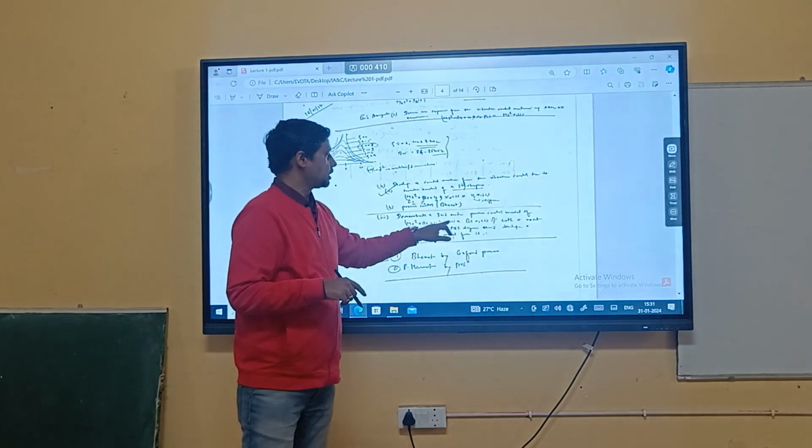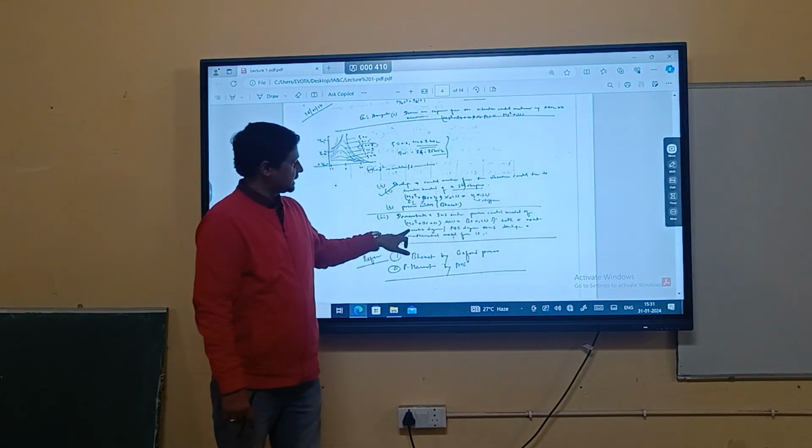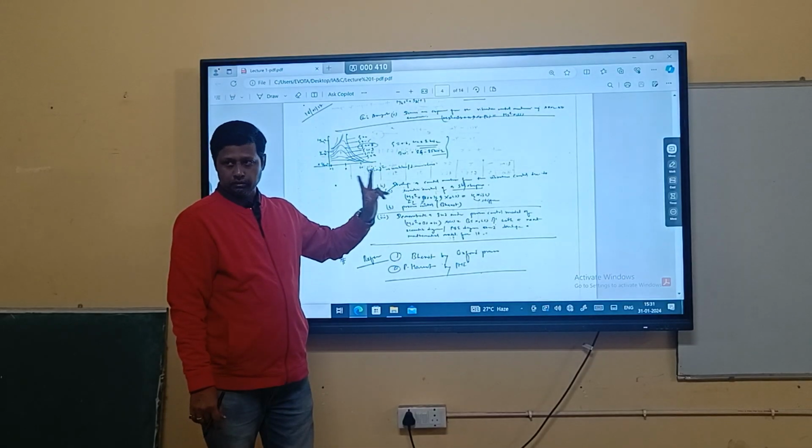So now for this modified equation, you need to draw a neat schematic diagram. You have 2 options.